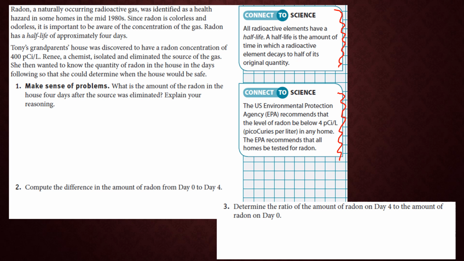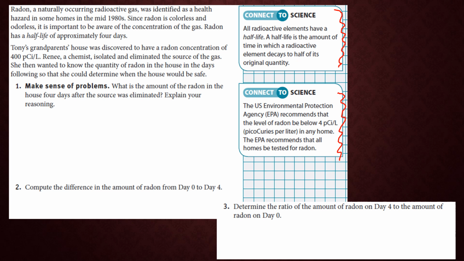So radon, a naturally occurring radioactive gas, was identified as a health hazard in some homes in the mid-1980s. Since radon is colorless and odorless, it's important to be aware of the concentration of the gas. Radon has a half-life of approximately 4 days. Tony's grandparents' house was discovered to have a radon concentration of 400.